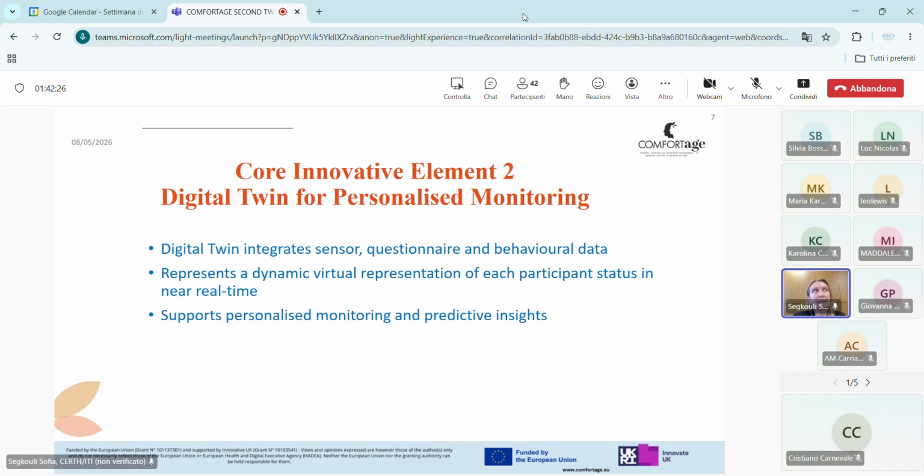Also, the main policy is to provide a comprehensive approach, enabling the creation of a dynamic virtual representation of each participant, reflecting their physiological, cognitive, and daily functioning in real time. And this can be achieved by continuously updating and analyzing a set of multidimensional data.